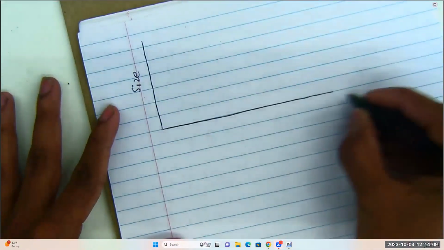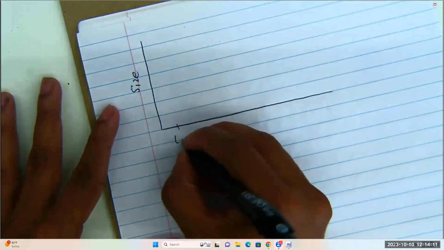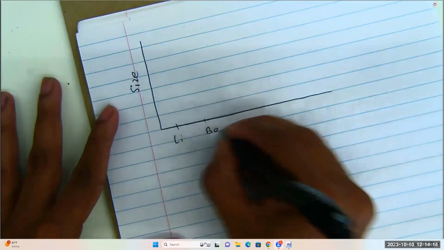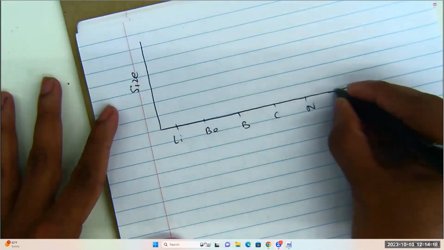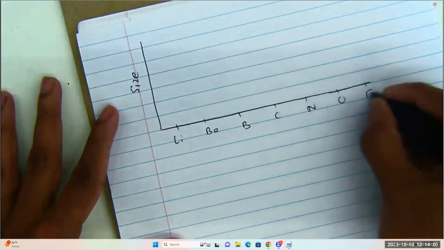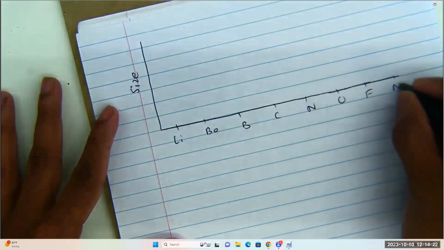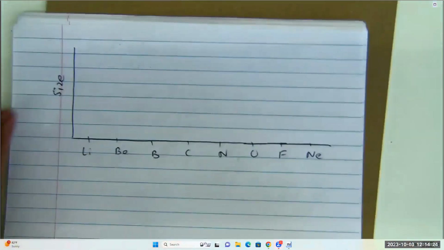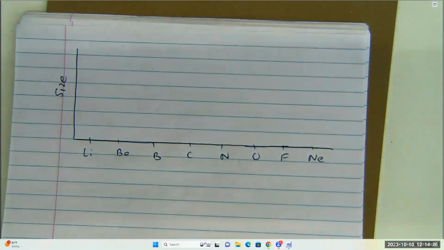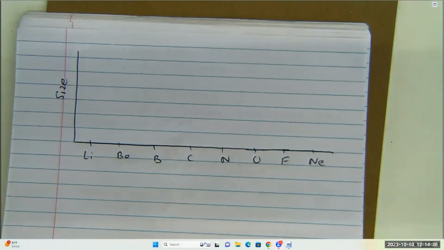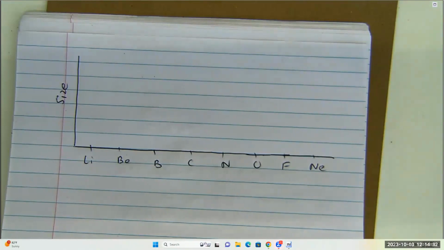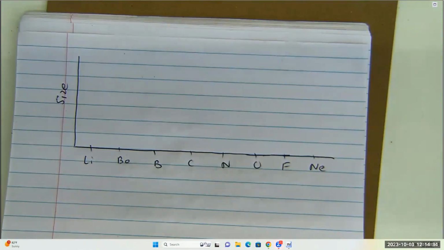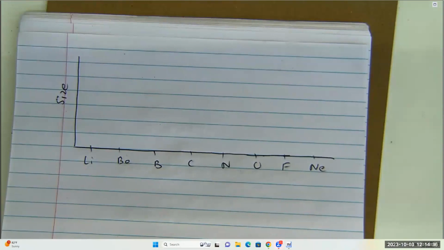Now I'm going to have elements going from lithium, beryllium, boron, carbon, nitrogen, oxygen, fluorine, and neon on the x-axis. I want you to tell me what happens to the size when you go from lithium to neon, across the period. But it's the same thing that you have already answered, actually.